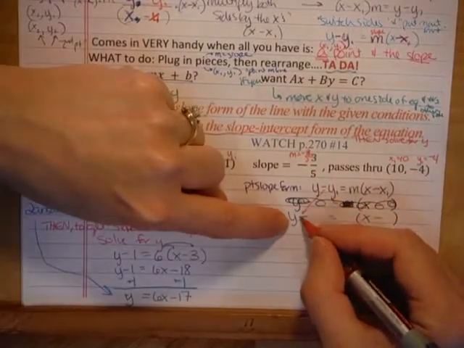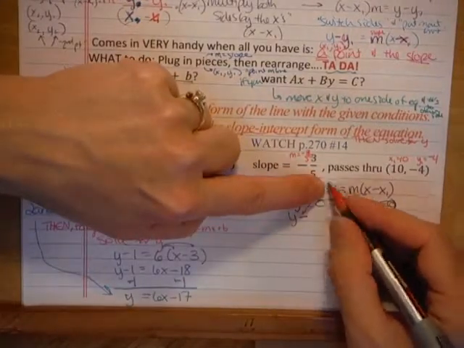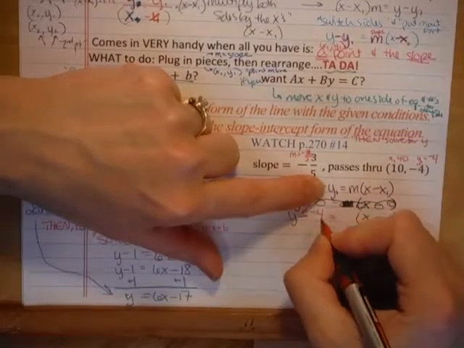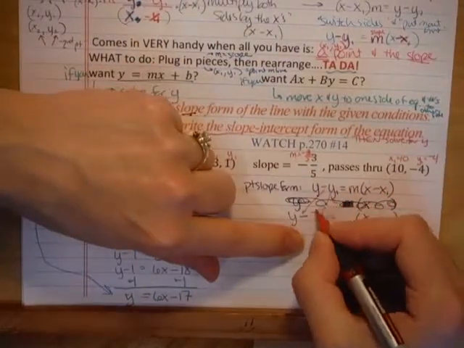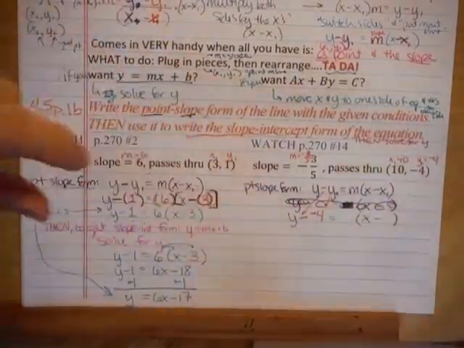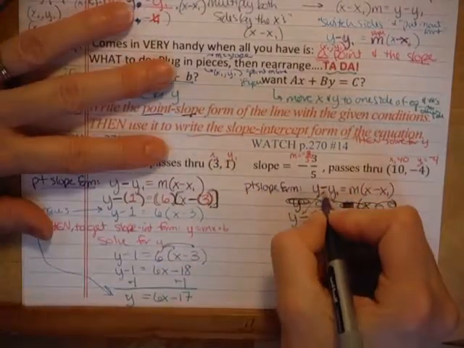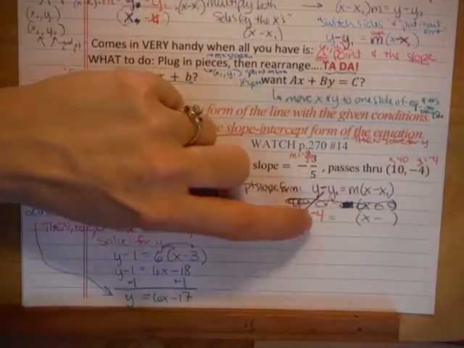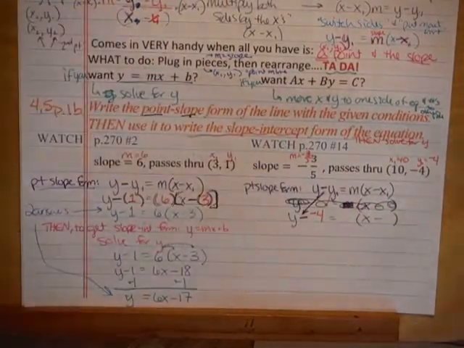Here's the minus. It's coming straight down, but I'm subtracting the entire y coordinate, so I'm subtracting a -4. So the y1 is the -4, and the subtraction in front of that comes from the actual formula.